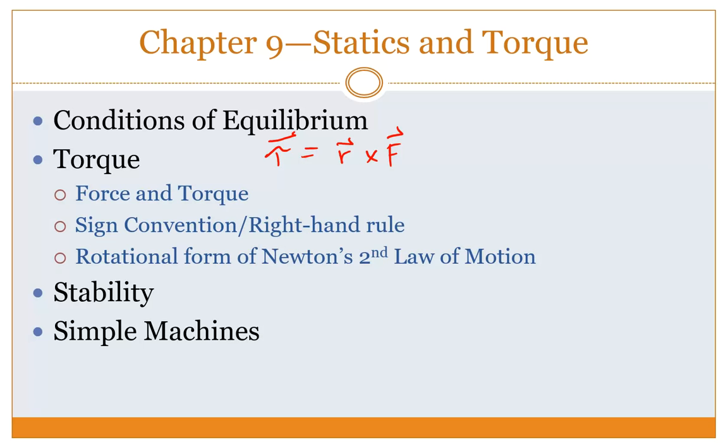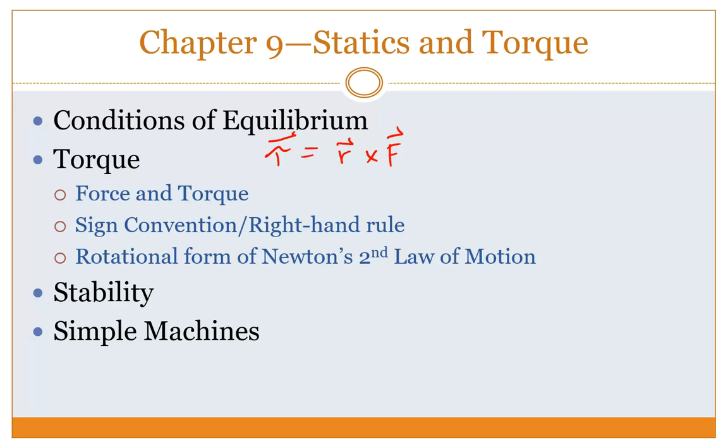But what would F cross R give you? I'll give you the answer because we're reviewing. You may not remember, right? That's how we go over it. It would reverse the direction. And so if you do F cross R, it's minus torque instead of plus torque.